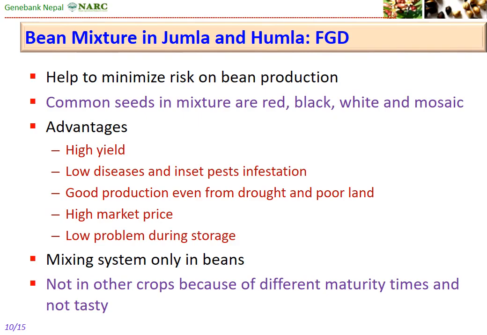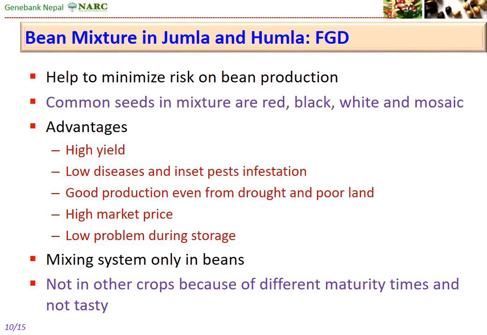Through the focus group discussions, we found that the bean mixture in Humla and Jumla is very good to minimize risks, and the common seeds in the mixture are red, black, white, and mosaic seeds.